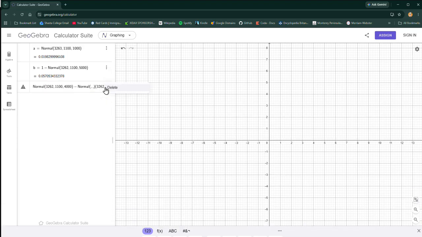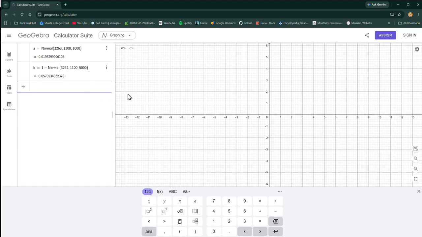Oh, I made a typo and now it's being funny. Let's try that again. And we get 0.34, and then 299 is going to round up to 30.